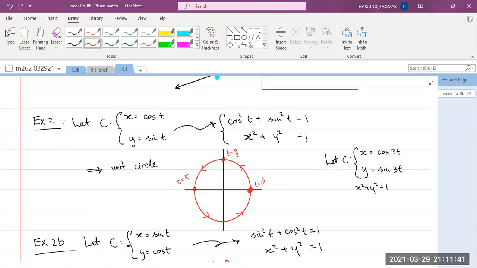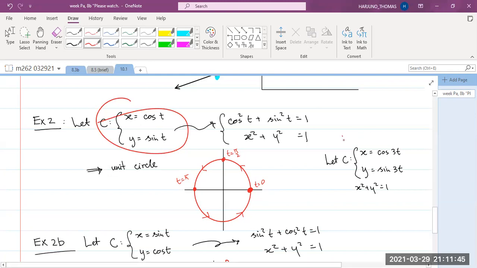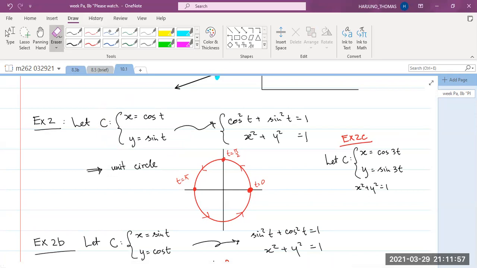So what is the difference between example 2 here and what we'll call example 2c? The difference is this: they have the same shape and the same initial point, but example 2c is actually 3 times faster.